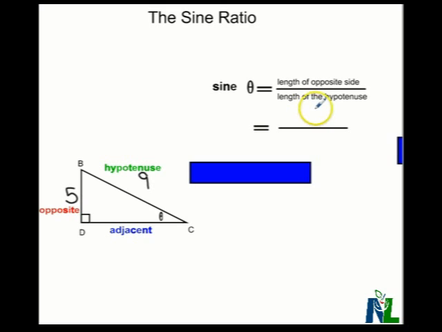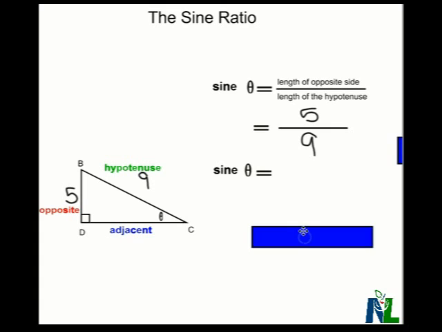So the opposite side was 5, and we found that from side BD. The hypotenuse was 9. So we can calculate, because we're dividing, just same as the tangent ratio, 5 divided by 9 is 0.5 repeating.